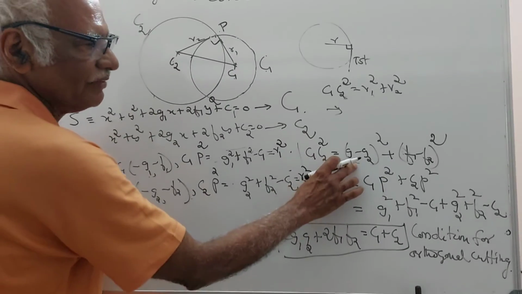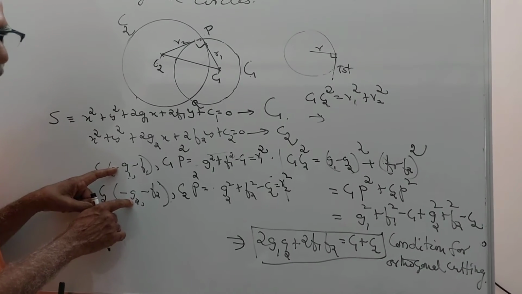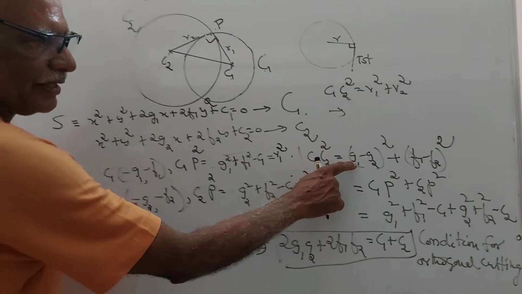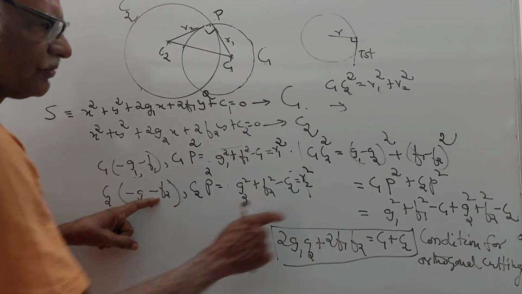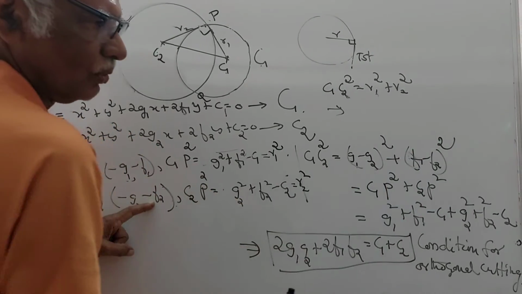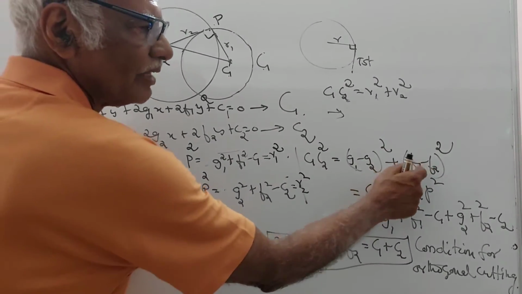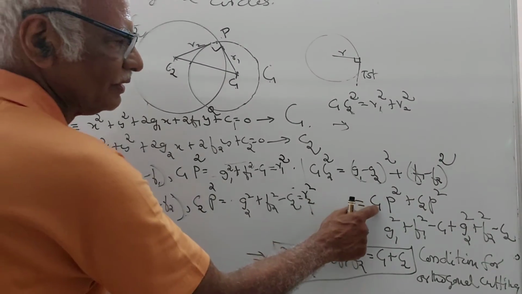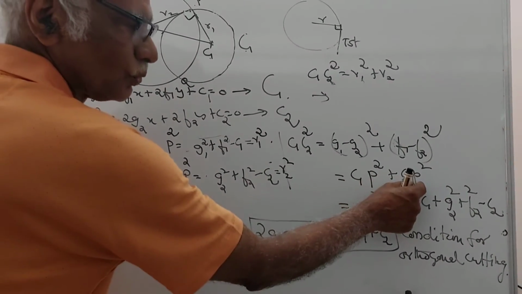So it is the difference of x, the square is g1 minus g2 the whole square, plus the difference of y, the square is f1 minus f2 the whole square. If you take g2 minus g1 the whole square plus f2 minus f1 the whole square, they are one and the same. So this is our Pythagoras theorem, r1 square plus r2 square.